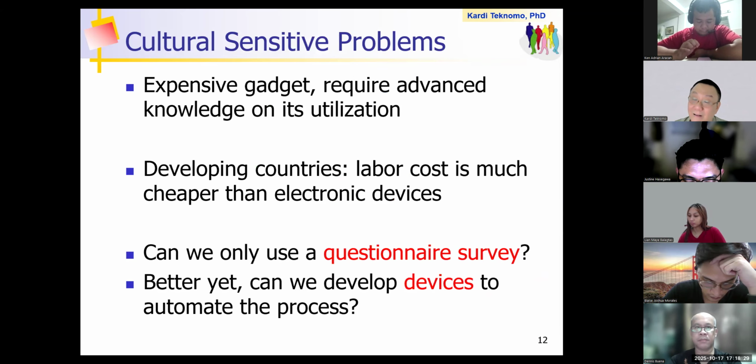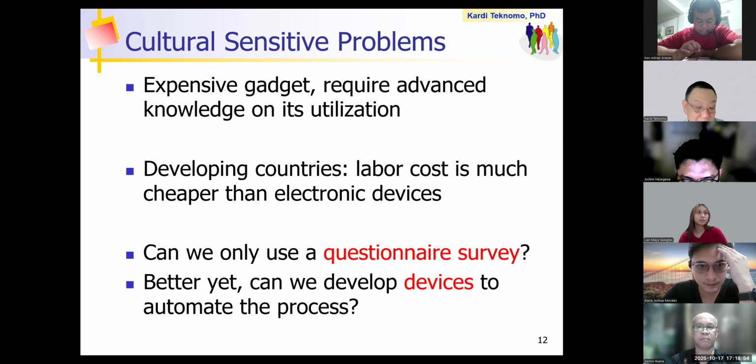This study was done in 2006, in the beginning of mobile phones. At that time, gadgets were very expensive, and we required advanced knowledge about how to use GPS and so on.